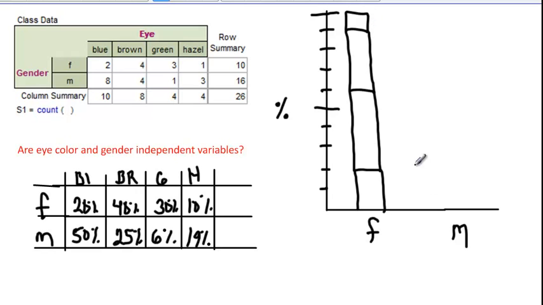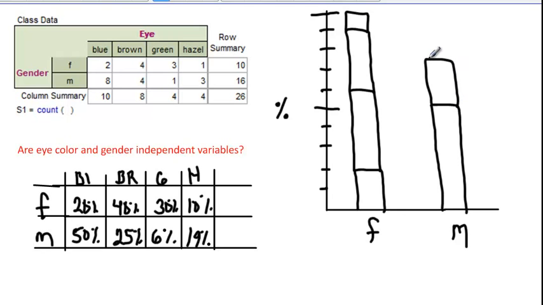Now looking at males, 50% of my male students have blue eyes. So the first portion of my bar for males goes up to 50%. Brown-eyed students, I have 25, so 25 plus 50 brings me up to 75. So 75 is approximately to here.